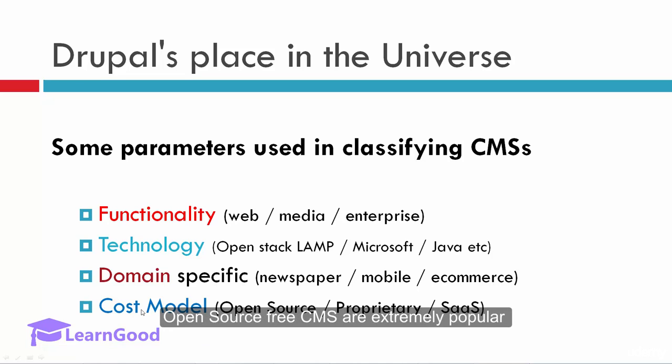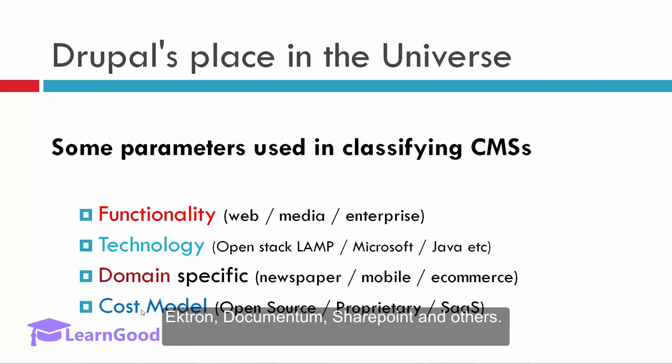Open source free CMSs are extremely popular and constitute a large chunk of the internet websites today, the big three being WordPress, Drupal, and Joomla. There are several other license-based and subscription-based proprietary CMSs also. Some popular ones include Alfresco, Ectron, Documentum, SharePoint, and others.